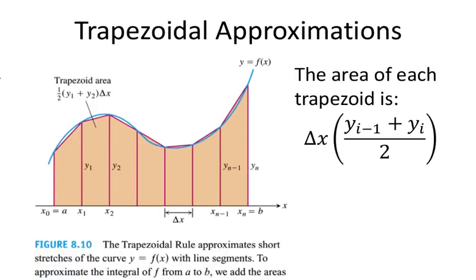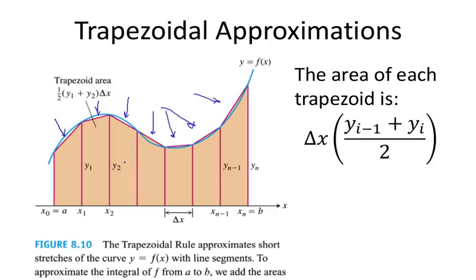You can see the concave nature of these curves in this graph here, where it overshoots in the first three trapezoids, and then underestimates in the next four.